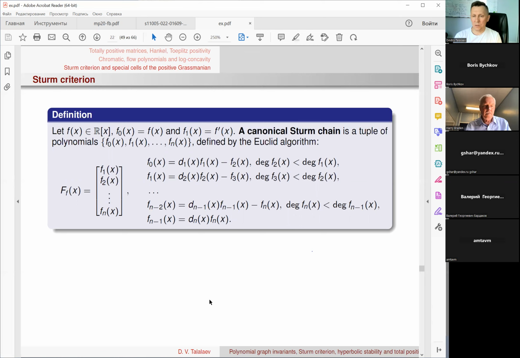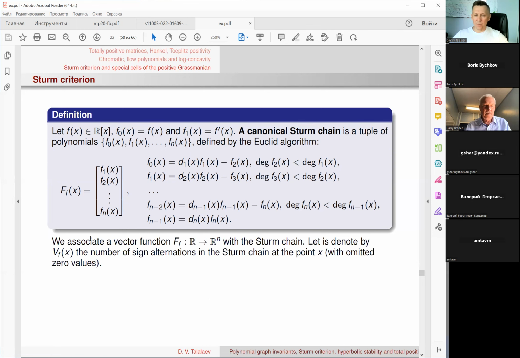It is defined by the Euclid algorithm with a starting point, which is just the derivative of the polynomial f, and then we apply the Euclid algorithm with a choice of minus sign here, and we get a chain of polynomials.